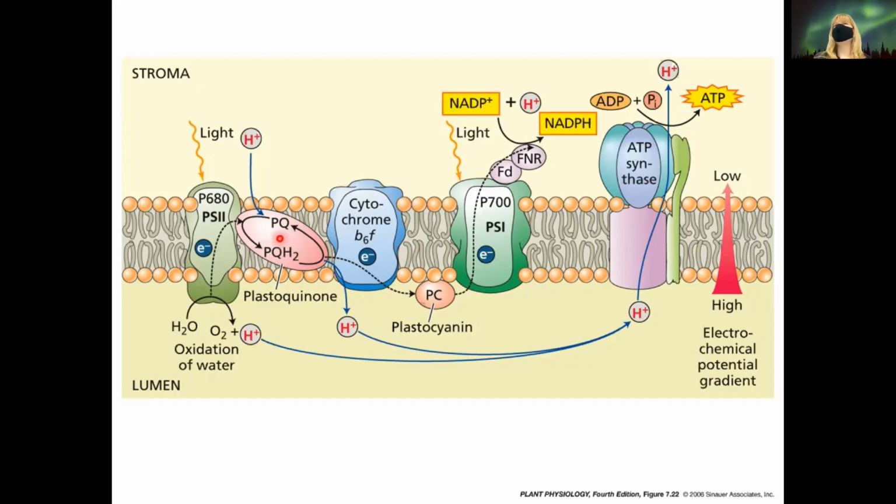Plastoquinone just isn't happy with one electron, it has to have two. So you have to repeat back to photosystem 2 getting hit with light energy in order to get another electron to satisfy the plastoquinone, to get two electrons, and then it can grab two protons. So there are certain sections where you have to think about this repeating idea in order to satisfy, especially, the plastoquinone.